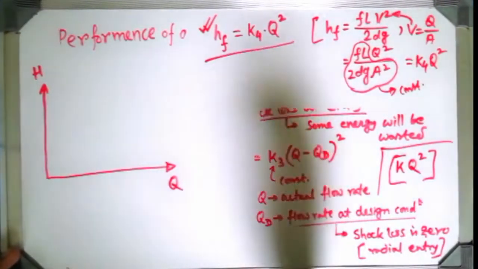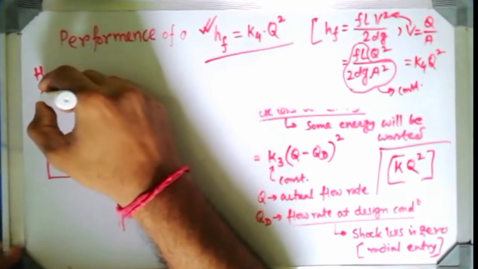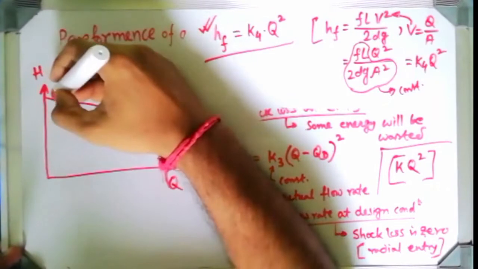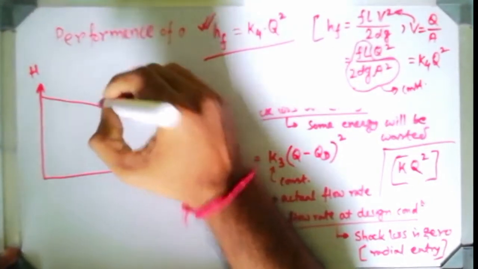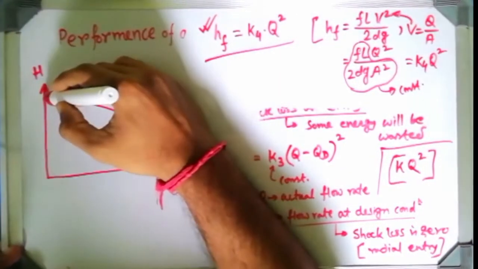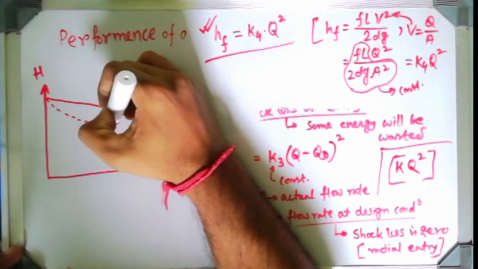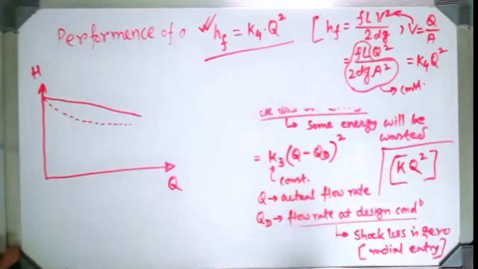Okay, so already I have shown that H theoretical looks like this, a downward slope. It's a straight line. It may look like a curvy line, but it's a straight line. And already shown the curve for having the slip.